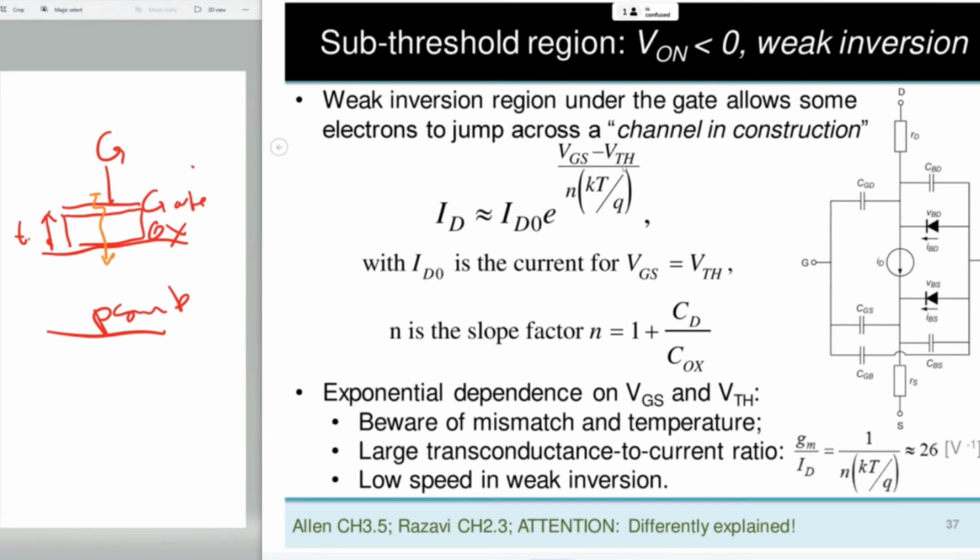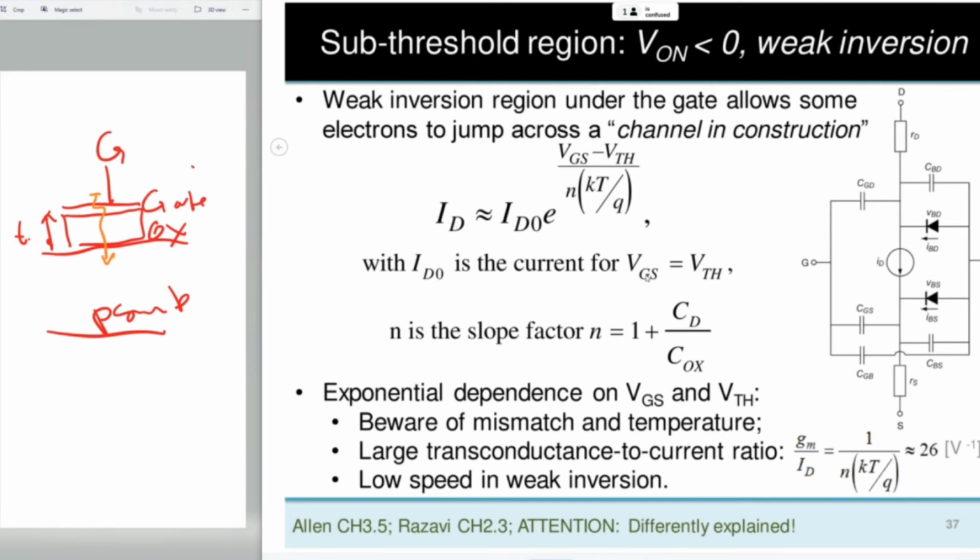However, because the threshold voltage, or VT, is in the exponent function, this means that any mismatch of the threshold voltage will give rise to a very large mismatch in the drain current. This means that, yes, in this mode of operation we can design very power efficient circuits, but the mismatch that we have to tackle, we have to solve, is also largest.